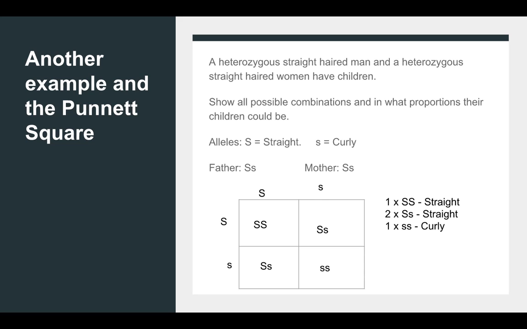And these are your typical Mendelian ratios. Those are the genotypes, I should say. And the phenotypes, how they look, we have a ratio of 3 straight-haired children to 1 curly-haired child, which we could also express as 75% of the offspring have straight hair, 25% have curly hair.